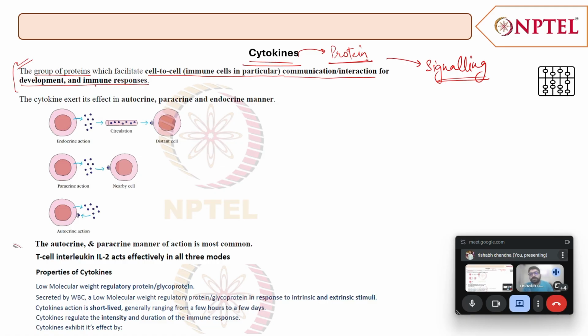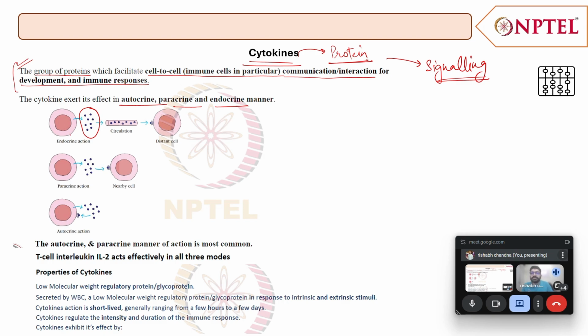Now, how these cytokines impart their functions, they can be autocrine, paracrine, or endocrine in nature. Endocrine means whenever any protein molecule is released into the blood, it reaches a distant cell and facilitates its function.